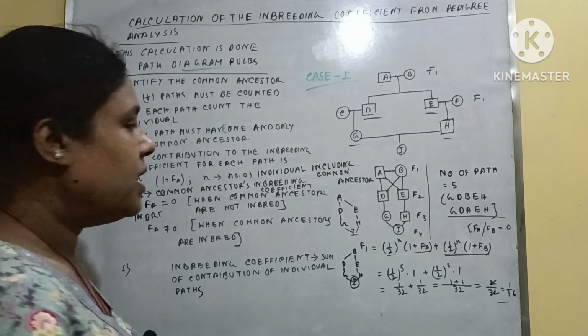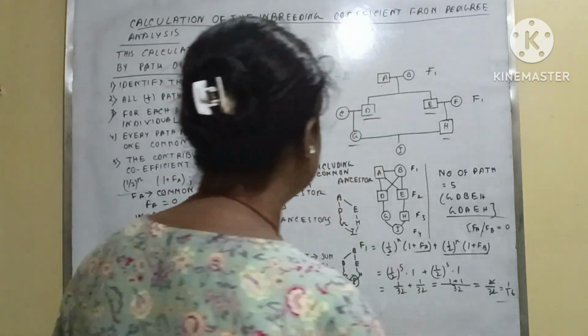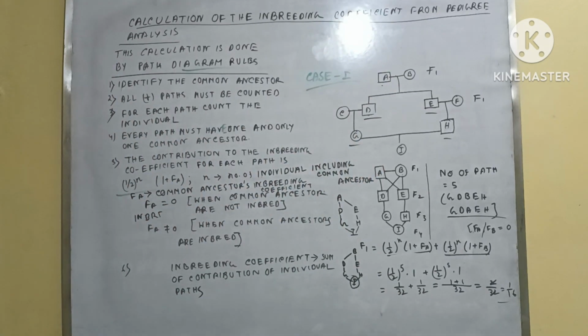In such way, we can calculate the inbreeding coefficient, that is F1. Another example I will explain for getting the topic more properly, so you just wait for the second one.